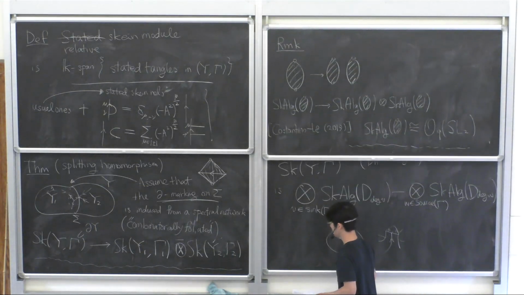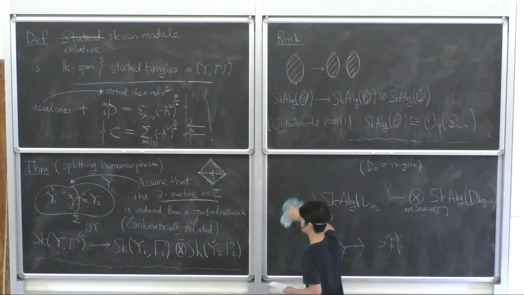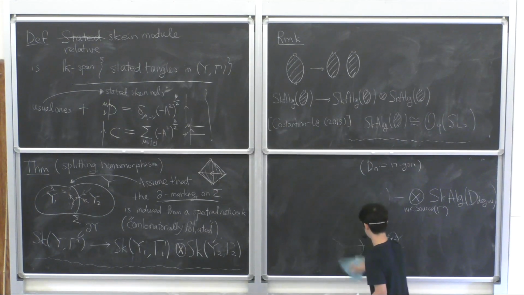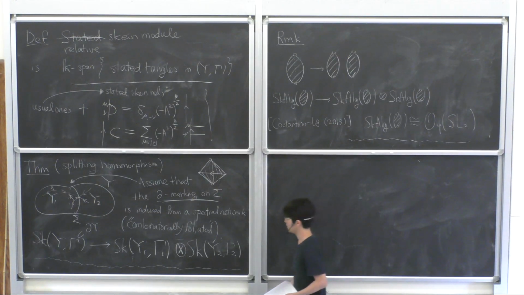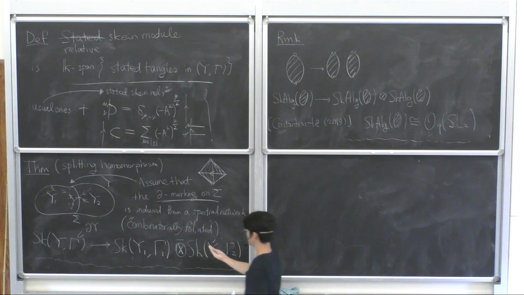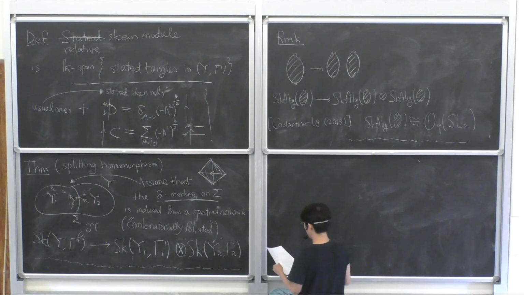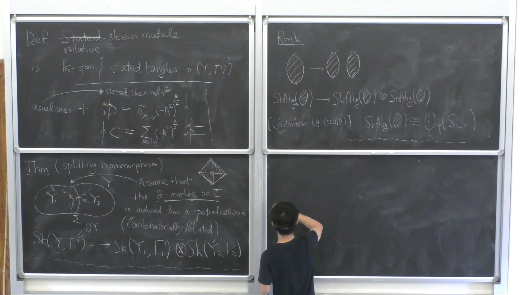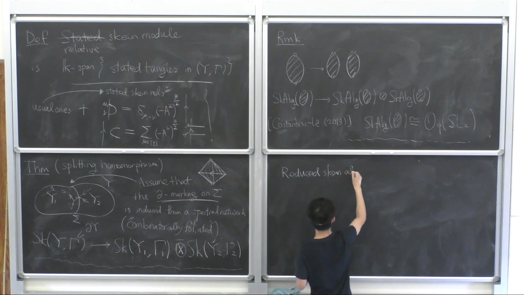So in the remaining 4 or 5 minutes or so, let me just point out some remaining main ingredients in our construction. Okay, so we have a way to split our 3-manifold into elementary pieces, and the second main idea is to take a particular quotient called the reduced Skein algebra, or reduced Skein module.